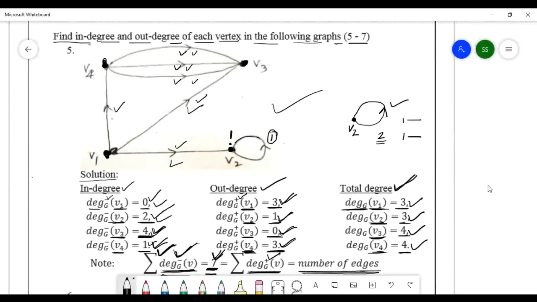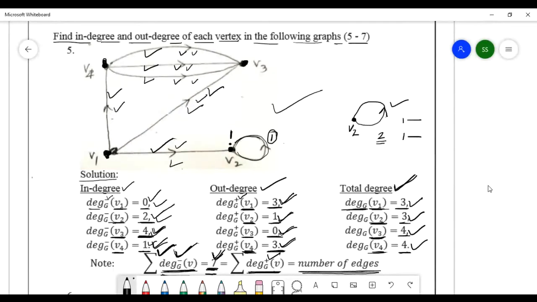You can count the edges: 1, 2, 3, 4, 5, 6, 7. So total 7 edges are here.